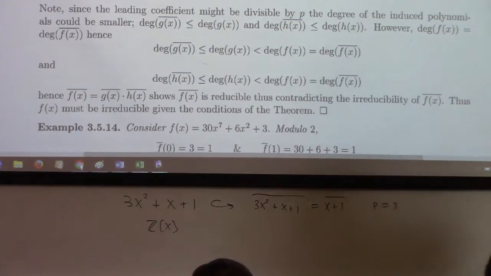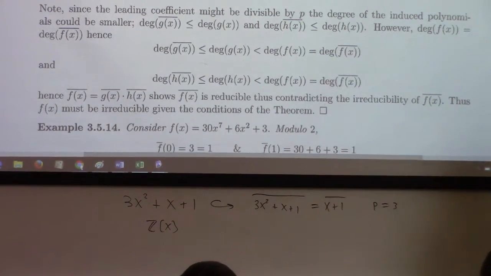So that's why I say that the degree of the reduced polynomial is going to be generally less than or equal to the degree of the original. And that's true for g and for h, all right? But what else do we know? At the outset, we're assuming that the degree of f is equal to the degree of its reduction, right? So check this out. I have the degree of the reduced g is less than or equal to the degree of g.